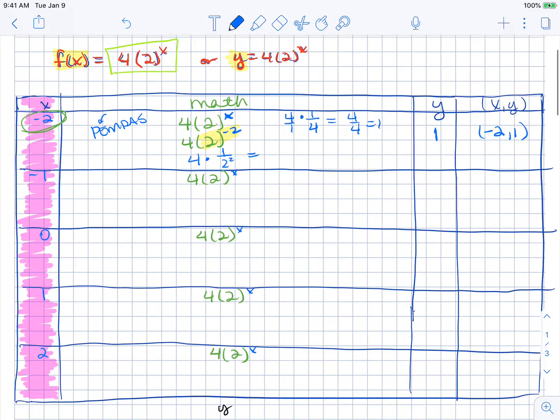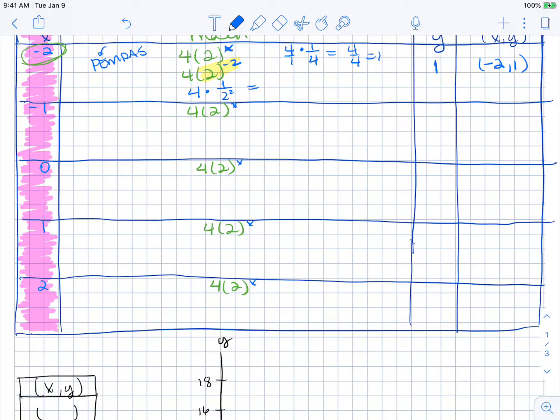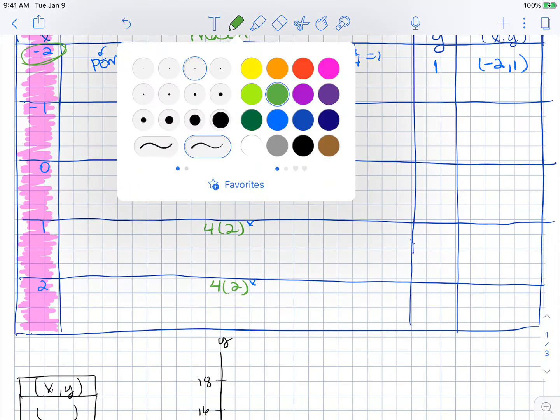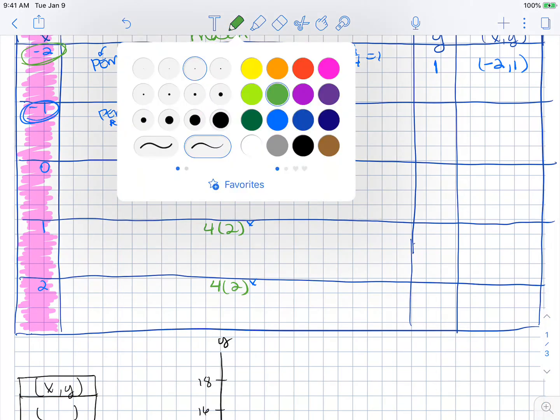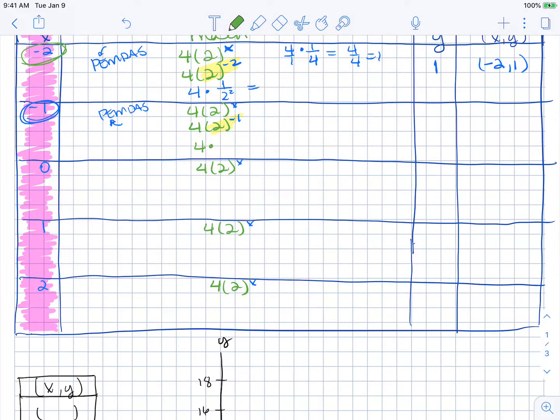Okay, I'm going to do my next one. I'm plugging in negative 1 for my x value. So I have 4 times 2 to the negative 1, and the negative puts that into a denominator. Again, please excuse my dear Aunt Sally. I do not have math in parentheses, so I'm at my exponents, and that negative 1 says I have 4 times 1 over 2 to the 1.